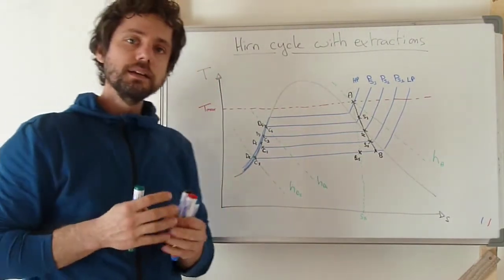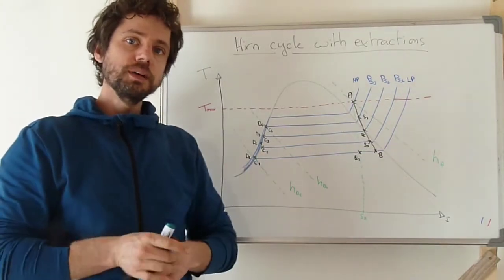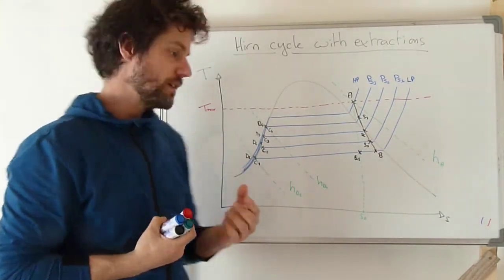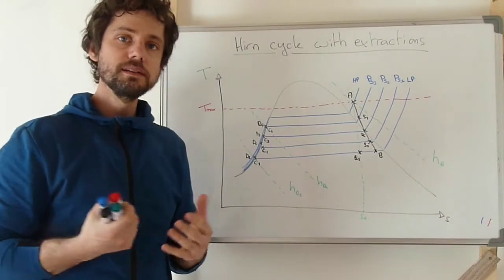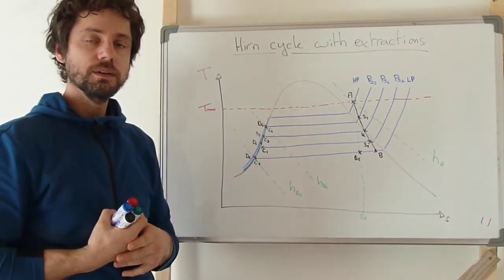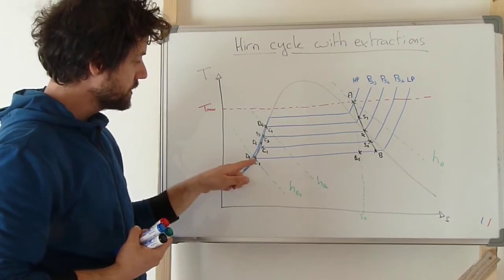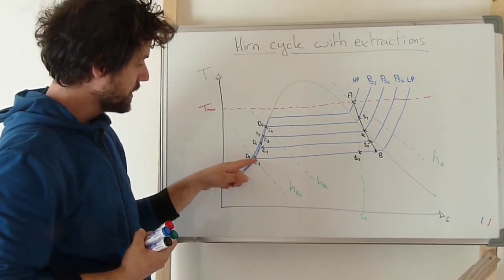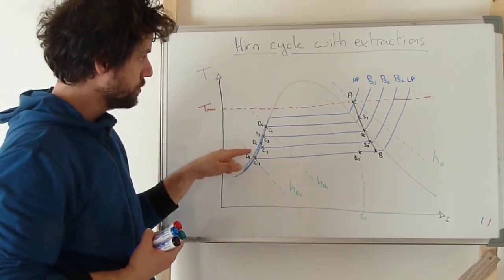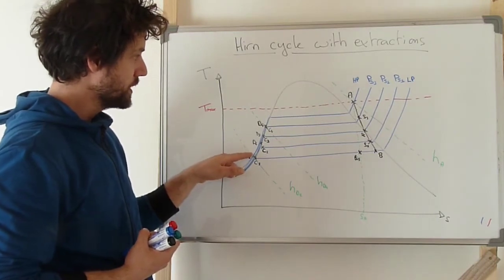So, if we did not perform any extraction, the fluid that would enter the vapor generator would be at the same specific enthalpy as C1 and D1, but under high pressure.